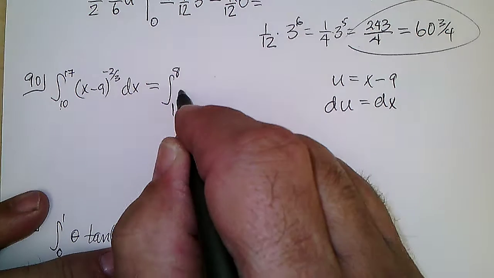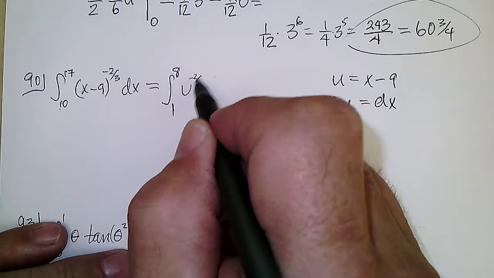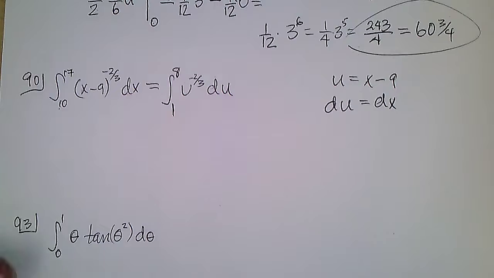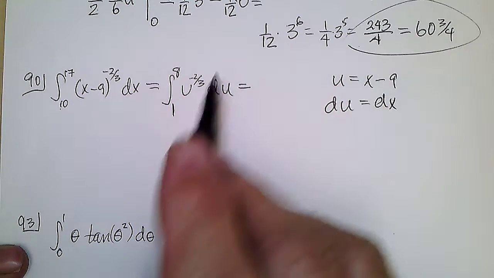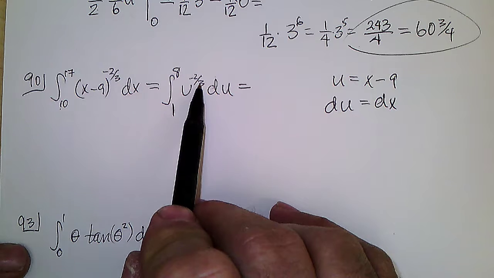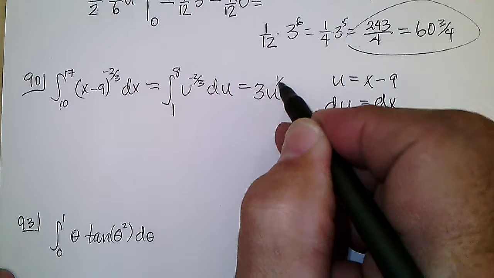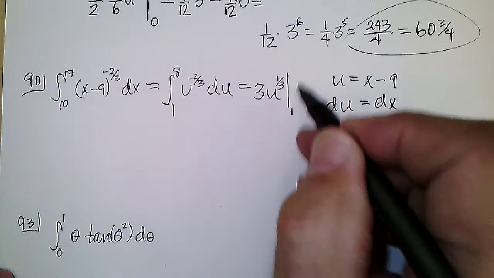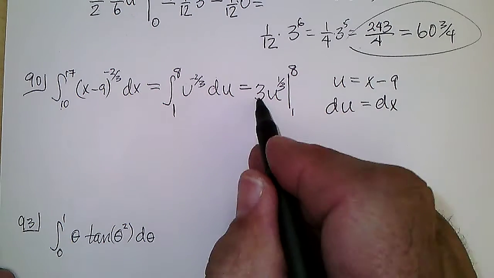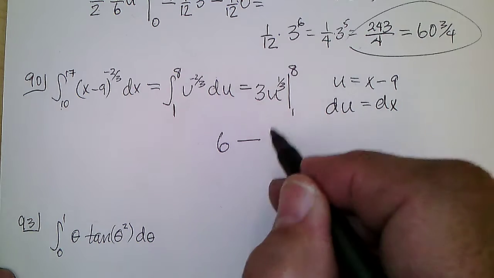And it would be u to the negative 2/3 du is dx. And if I increase negative 2/3 by 1, that would be 1/3, and dividing by 1/3 would be 3u to the 1/3, evaluated from 1 to 8. The cube root of 8 is 2, times 3 is 6, minus cube root of 1 is 1, times 3 is 3.